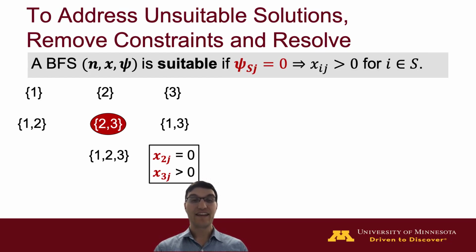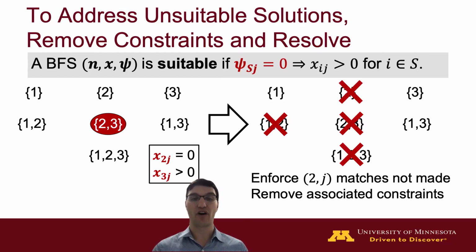Okay. In that case, what we end up doing is we just say, okay, so you're really telling me you don't want to make 2J matches. So we're going to modify our linear program slightly by enforcing that X2J is 0, but then dropping all of the constraints that involved type 2 matching with type J. So we've dropped all of these constraints from the program, and we now resolve the modified linear program.